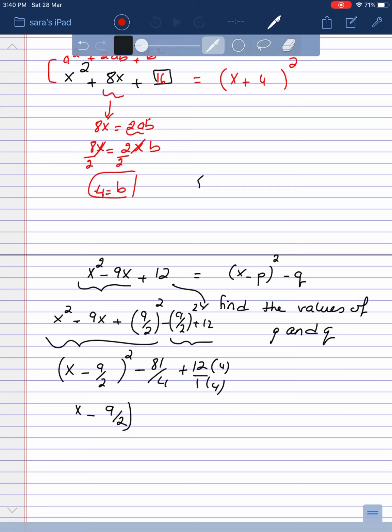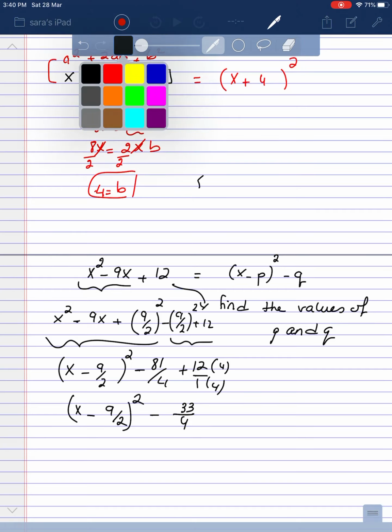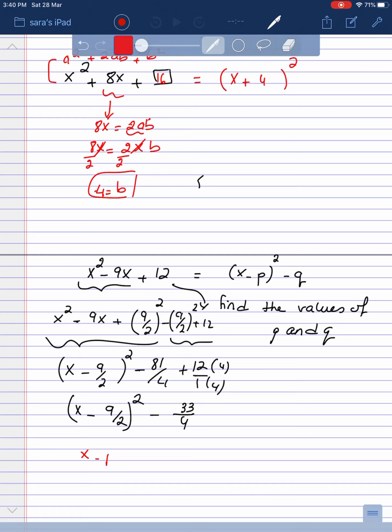So you will be getting (x minus 9 over 2) to the power 2 minus 33 over 4. And this one is of the form (x minus p) to the power 2 minus q. Therefore, p is 9 over 2, since you have minus here and minus here, so p is only 9 over 2. Same for q, you will be getting 33 over 4.